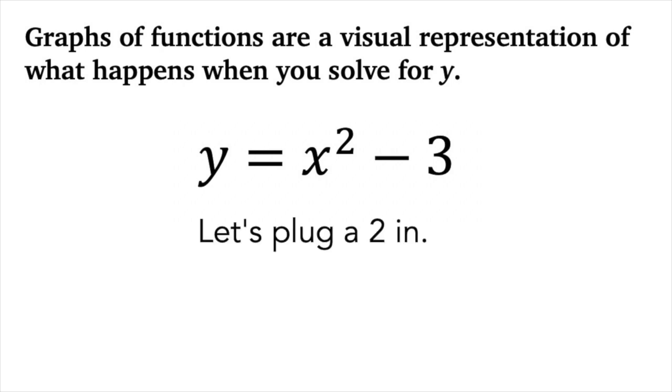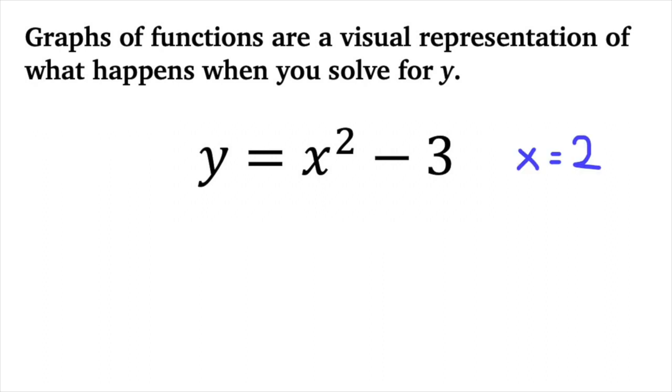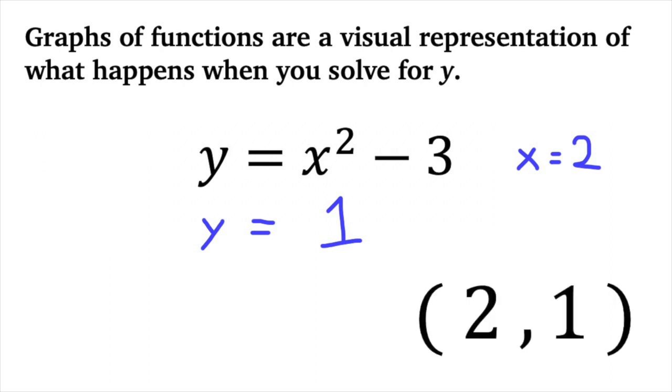So x is going to be 2, and I'll substitute that in there and just go 2 squared is 4, 4 minus 3 is 1. That means that the point (2, 1) is guaranteed to be on the graph of that quadratic, because if I plug in the x value of 2, I get the result of 1.